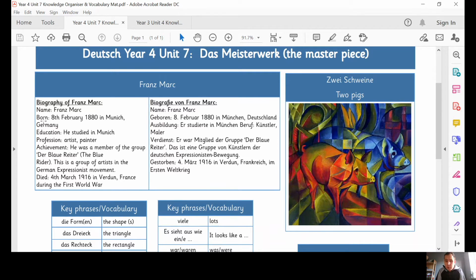Sadly, he died on the 4th of March 1916 in Verdun in France during the First World War, so he wasn't alive that long ago, still relatively modern, but as I say, sadly died during the First World War, and he actually wasn't that old either. So that's a little bit about him.